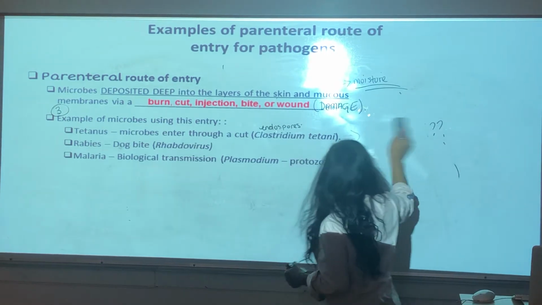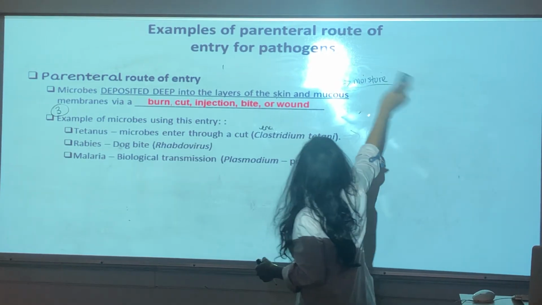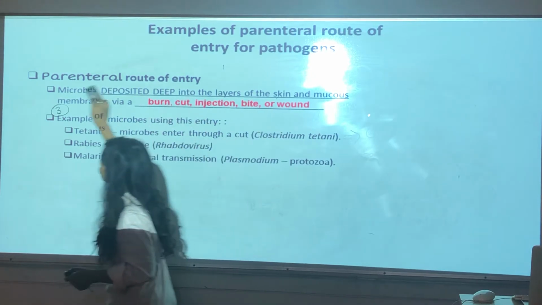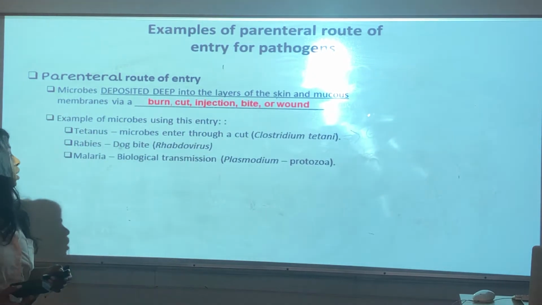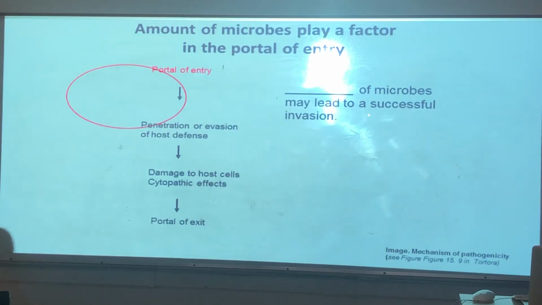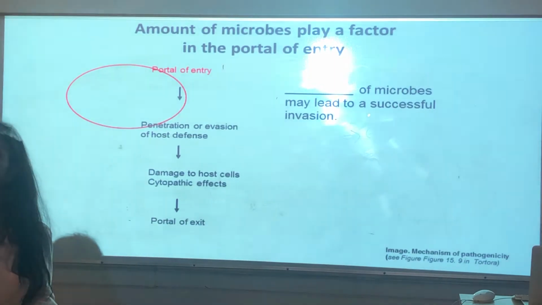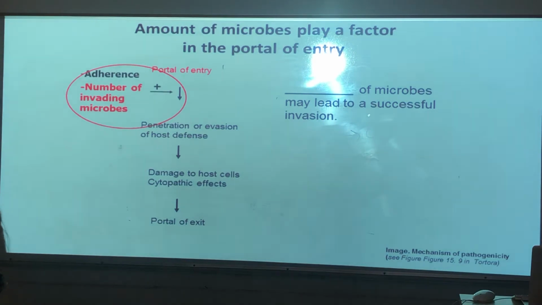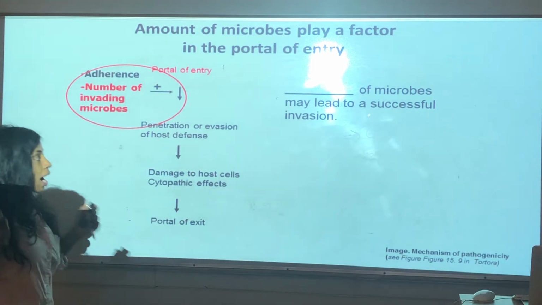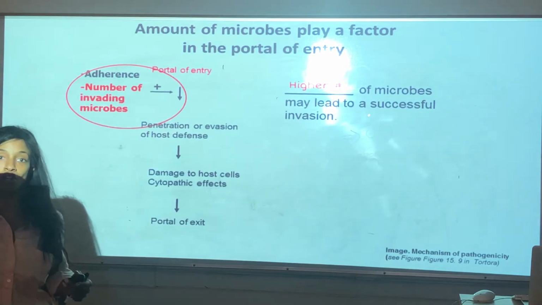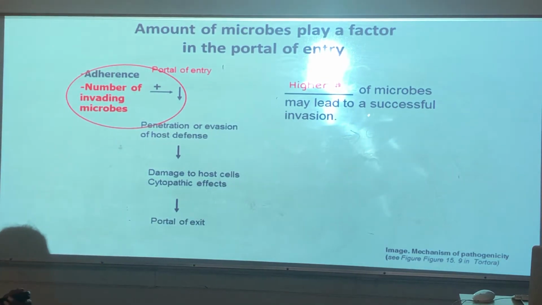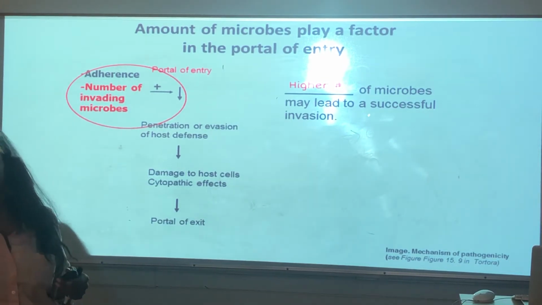Again, the foreign invader must attach to a certain site to get in. And once it attaches, the other component necessary for the portal of entry is a high number of microbes. The more microbes that enter, the greater chance that they will survive in the body.